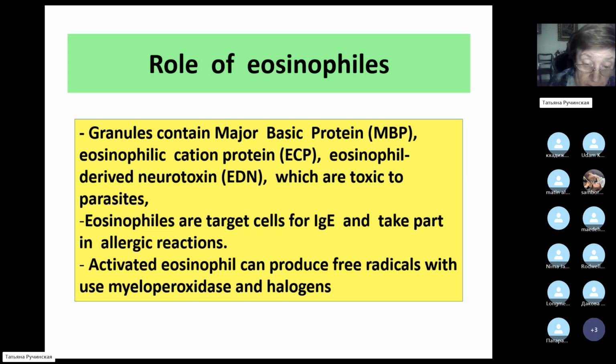That is why, this is the first. The second, eosinophil has receptors for immunoglobulin E, and eosinophils are the target cells for immunoglobulin E, and that is why they will take part in allergic reactions.